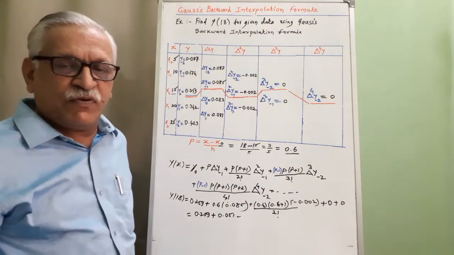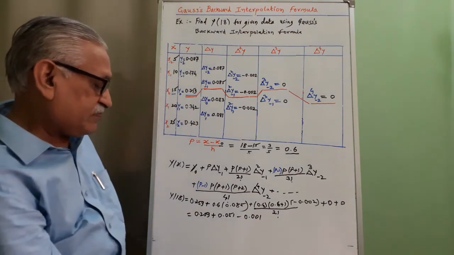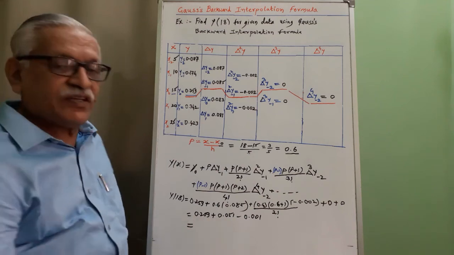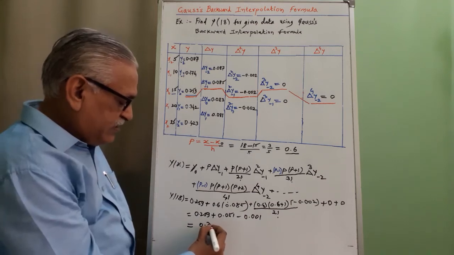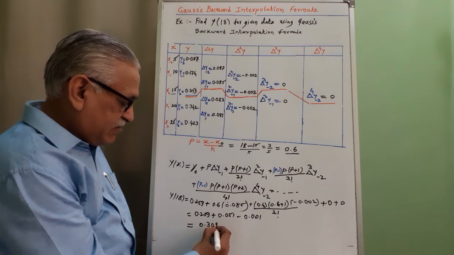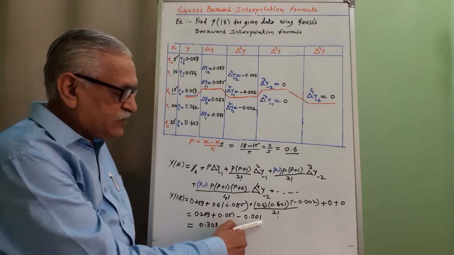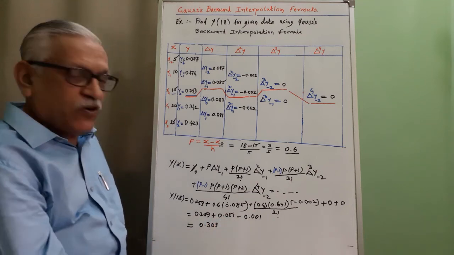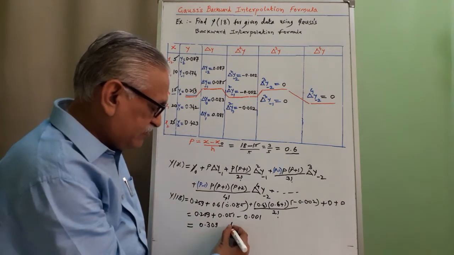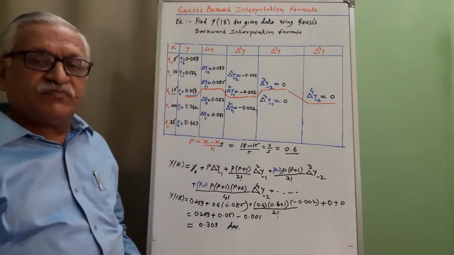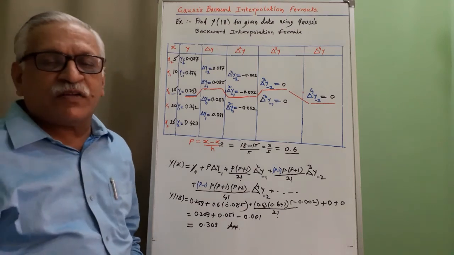If you simplify it by calculator, 0.001. And taking the addition of all these three terms, 0.259 plus 0.051 minus 0.001, the sum of all this is 0.309 as the answer, or the final value, by applying that Gauss's backward interpolation formula.